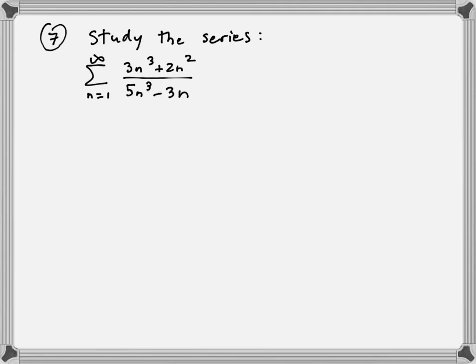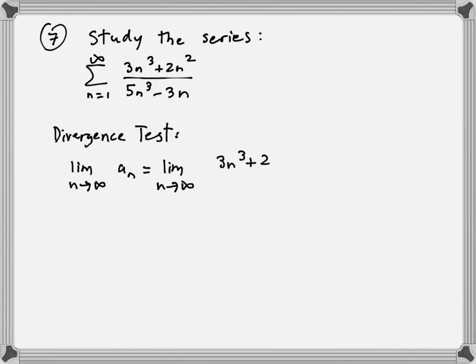Quite complicated, this series, but we're just going to use the divergence test, okay? We're going to see if the terms go to 0. The limit as n goes to infinity of an, we're going to take the limit as n goes to infinity of 3n cubed plus 2n squared over 5n cubed minus 3n.